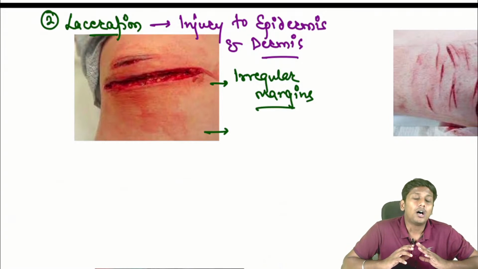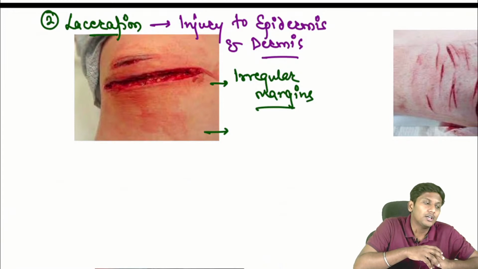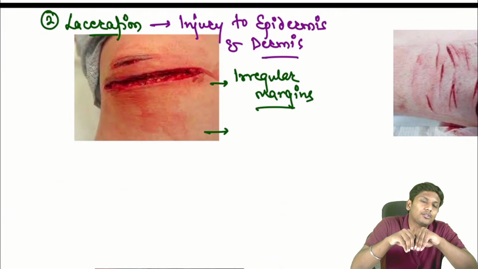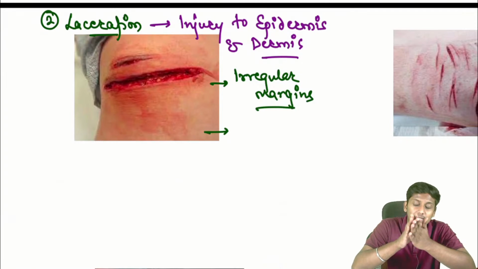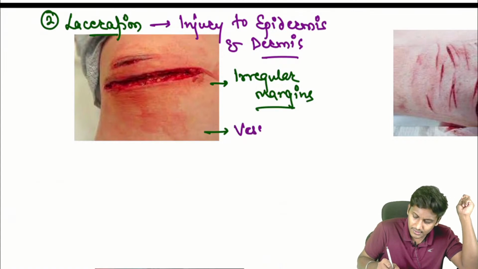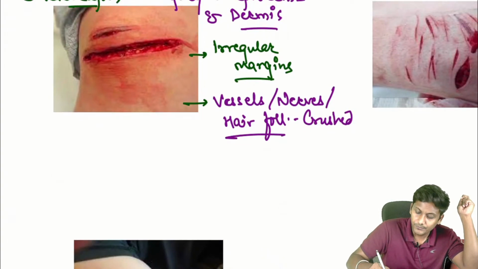Definitely here what will happen to the vessels and the hair follicles present in the base of the wound? यहाँ पे जो vessels होंगी या जो hair follicles होंगे ना, they will be crushed. You have to remember the vessels, the nerves, and the hair follicles will be crushed at the base in a case of a laceration.